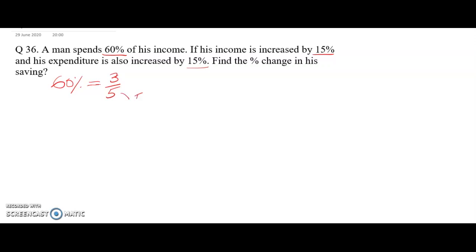So if this is the income, this will be the expenditure. So we have income as 5 units, expenditure as 3 units.